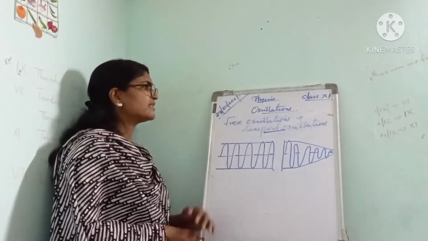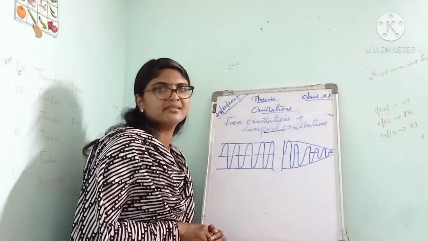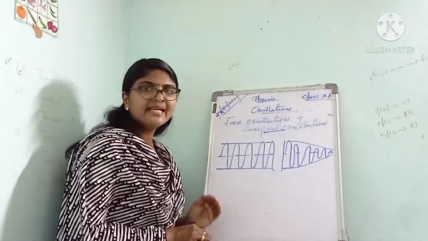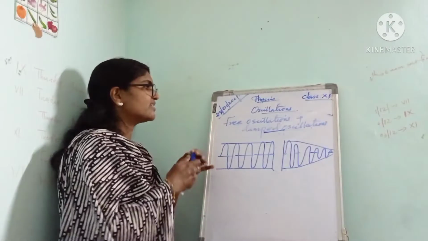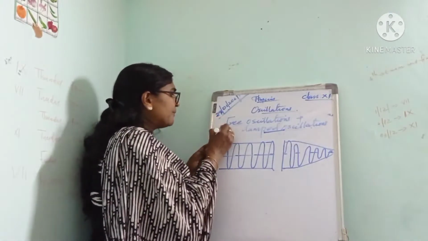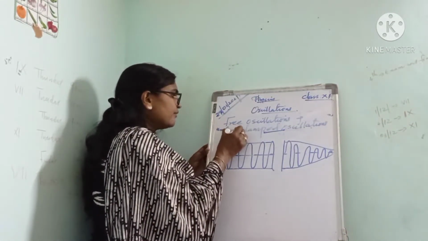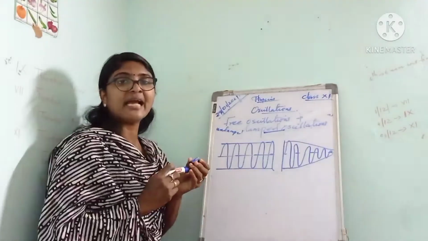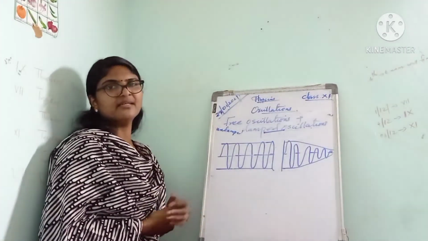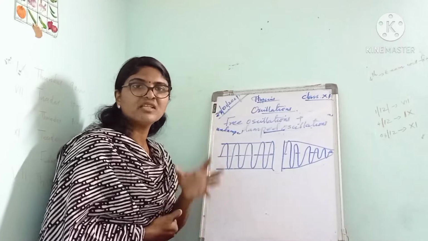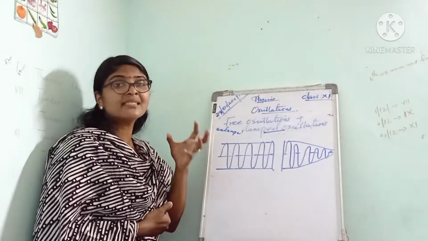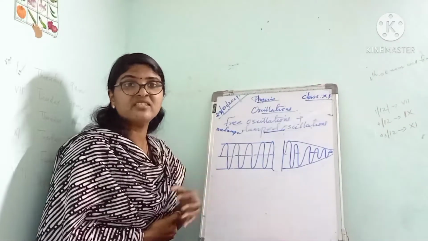Next, about free oscillations and damped oscillations. Free oscillations are otherwise called undamped oscillations. Free oscillations are otherwise called what? Undamped oscillations. Suppose a body oscillates with a constant amplitude, that is, the amplitude does not change with time.